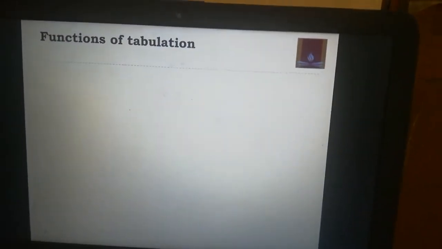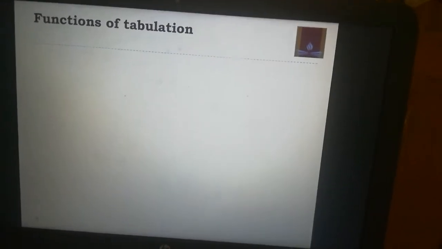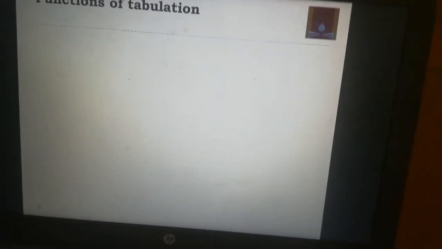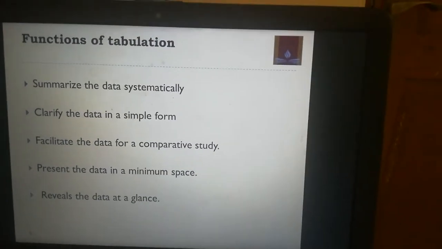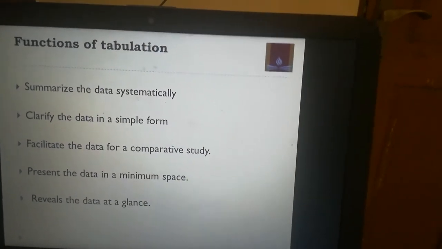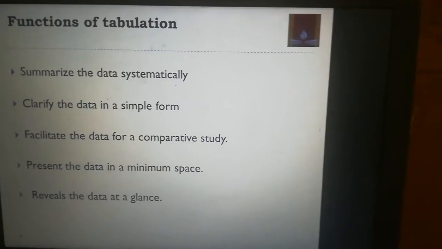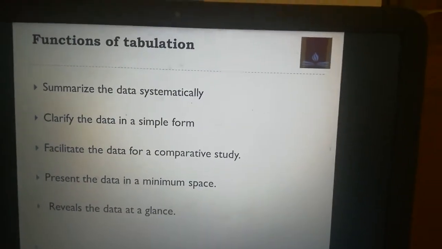And let's see why we use this tabulation. What are the functions of tabulation? Why is it important? Because we use tabulation in order to summarize the data in a systematic way.